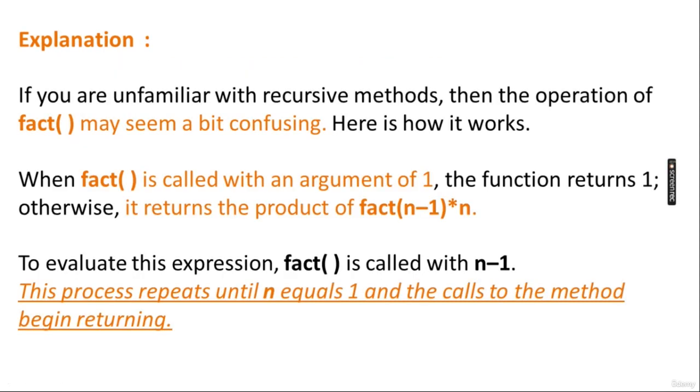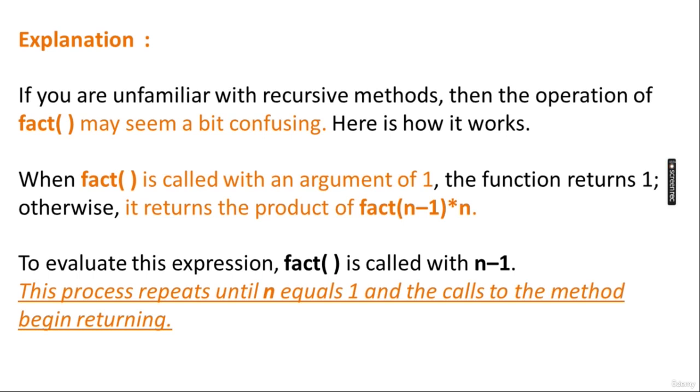If you are unfamiliar with recursive methods, the fact method may be confusing for you. To understand the operation of fact, put any number there, take a paper and pen, and calculate how the method is working. When fact is called with an argument of 1, the function will always return 1 because 1 factorial is 1.